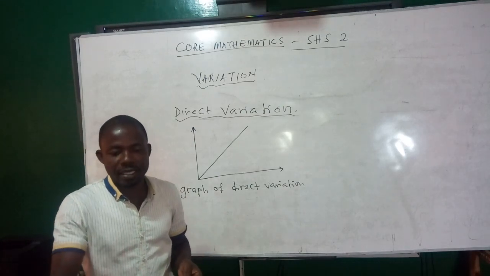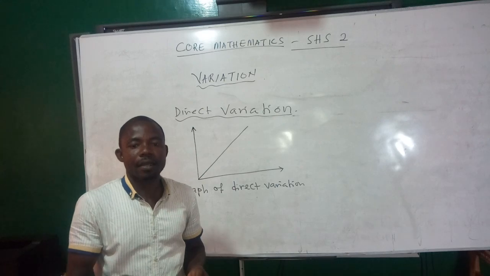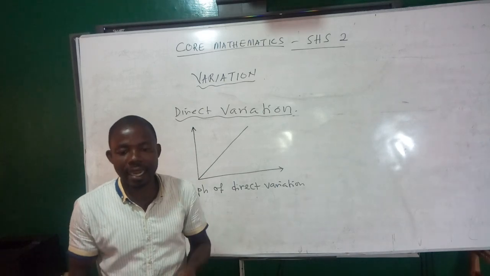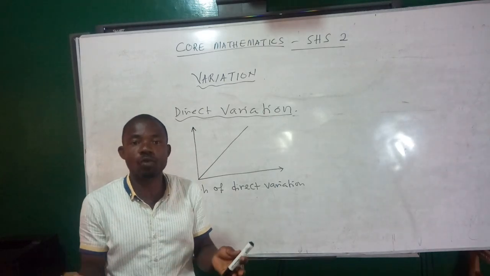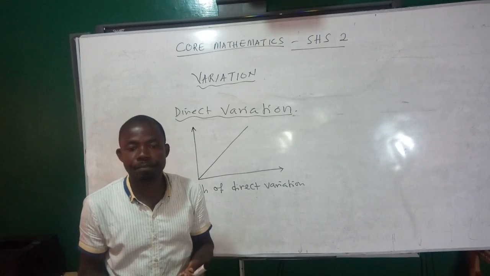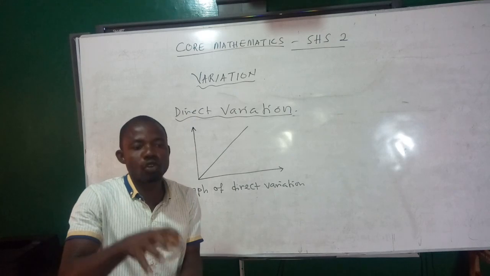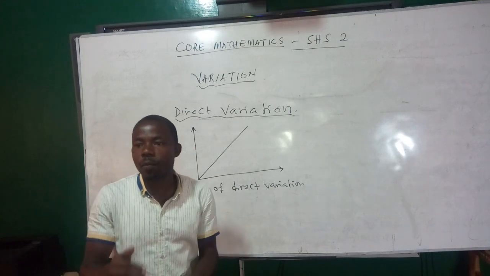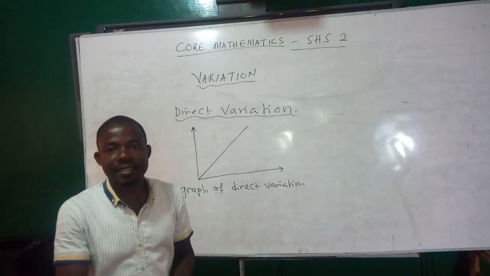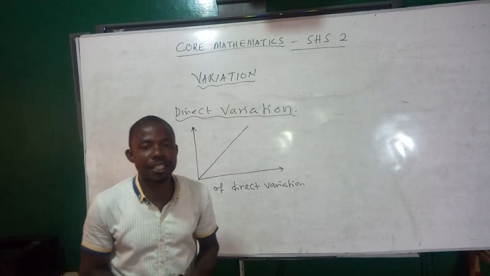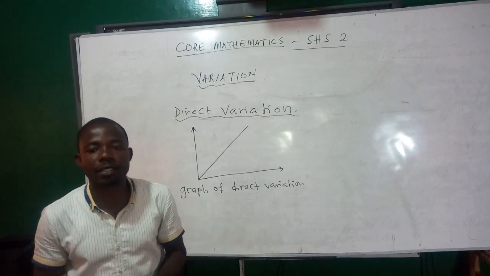When you deposit money in your savings account, you know definitely you are going to get an interest. So the more you deposit, the more your principal, the more your interest. This is direct variation or direct proportion.